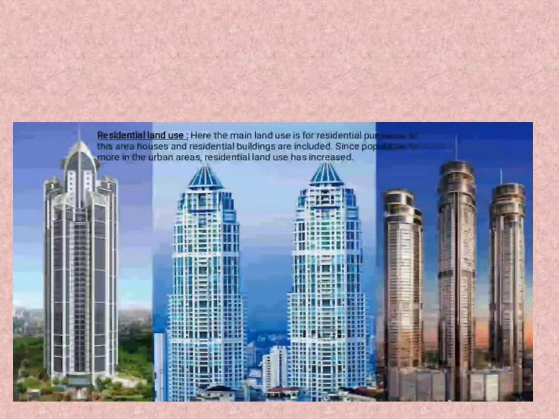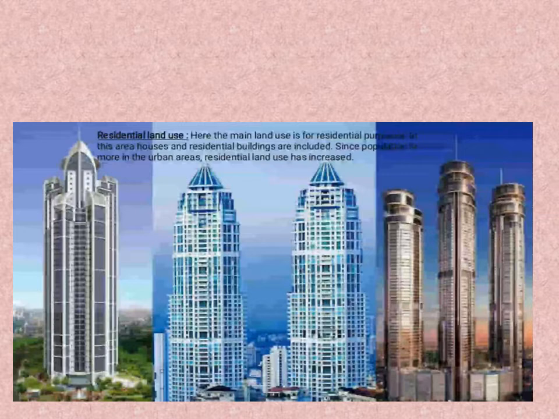The second one is residential land use. Here the main area or land is used for residential purpose. You can see the skyscrapers, the buildings. In this area, houses and residential buildings are included.